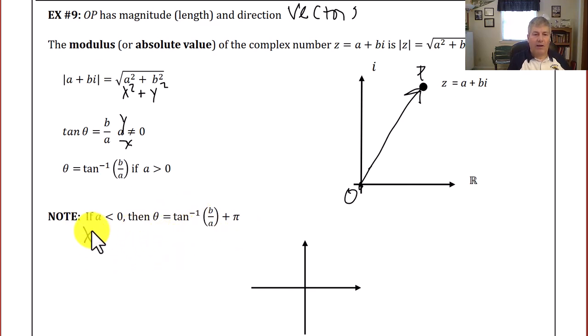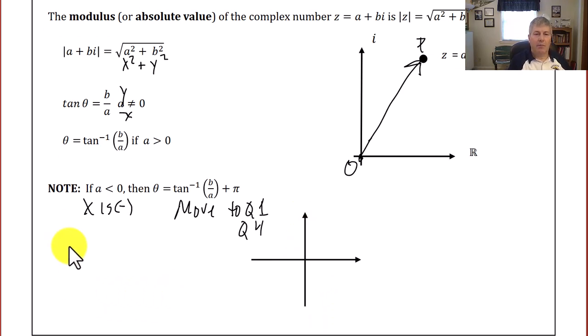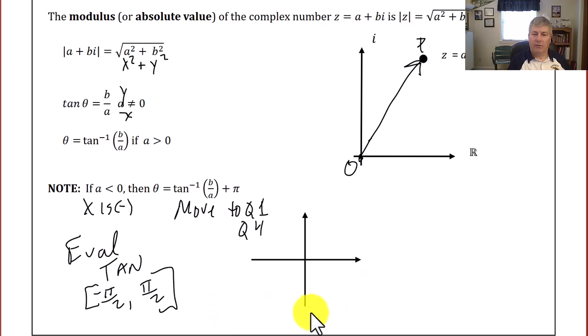So we're saying if x is negative, or if the a value is negative, we'll have to move our value to quadrant 1 or quadrant 4, because we're going to evaluate the tangent in those two quadrants, right? So we evaluate tangent from -pi/2 to pi/2 radians.